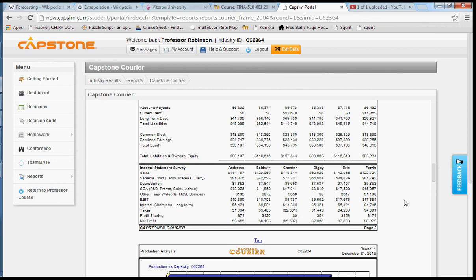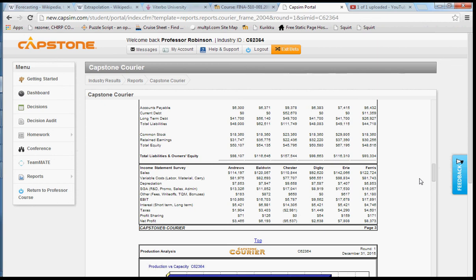Or if SG&A fees are significantly larger for one company than another, then the team with the high fees should at least recognize that they're spending more relative to other teams and then assess whether they're getting the strategic value out of those expenditures.